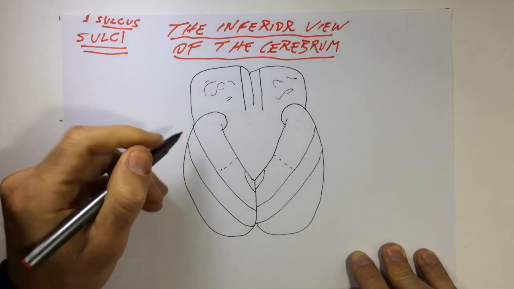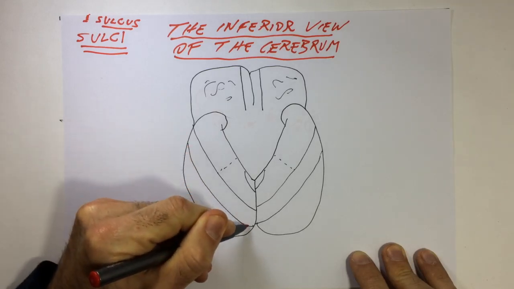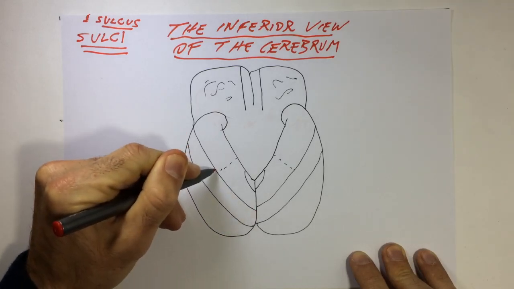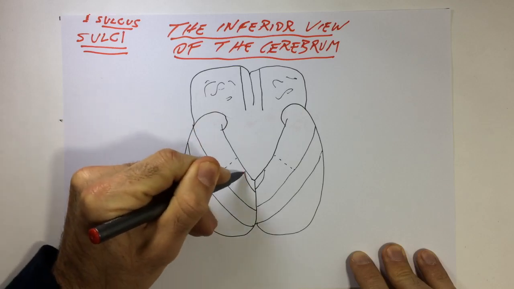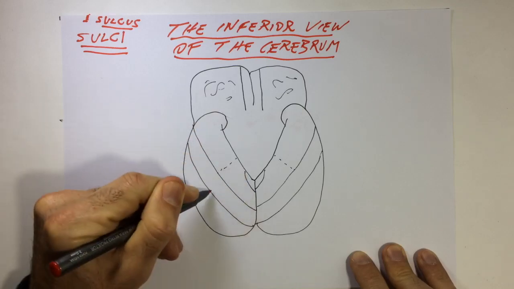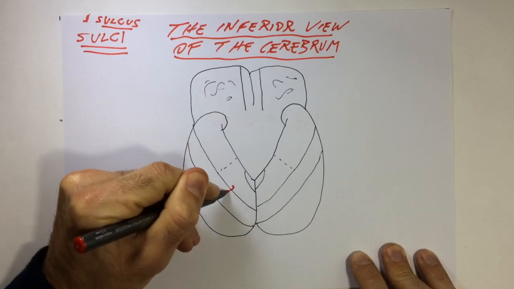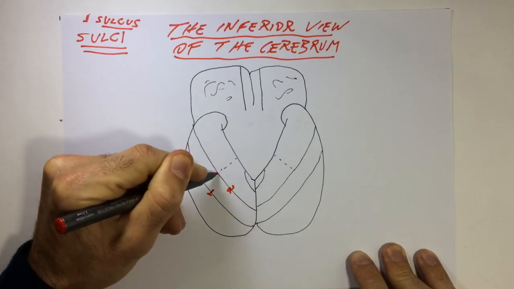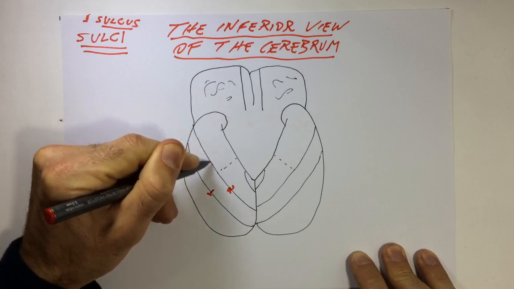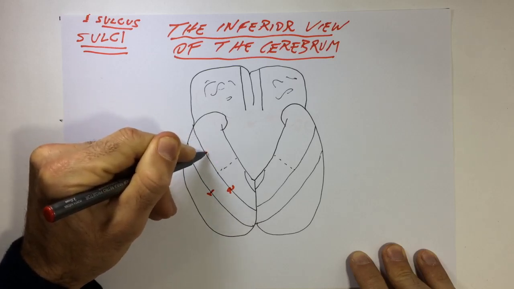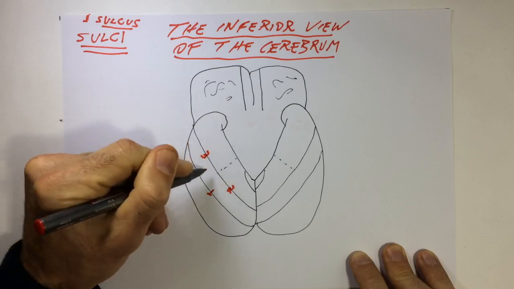So here we have 1, 2, 3, 4 sulci. So let's do it. 1, that would be this one here. 2, until here. This one here is actually another sulcus, so 3.